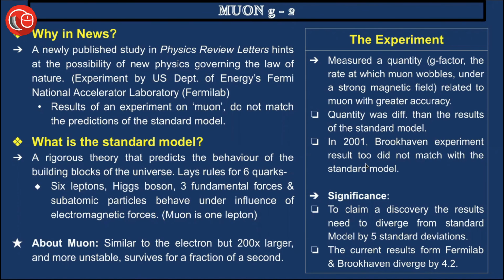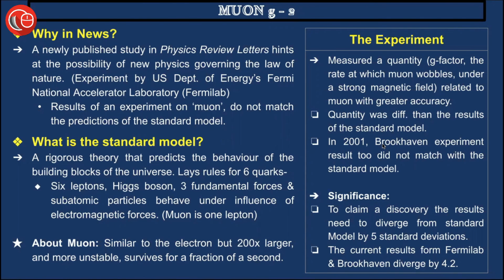The Muon G-2 experiment measured this quantity with greater accuracy, and it sought to find out whether the discrepancy would persist. So this is a great change, and this would change many physics theories accordingly.